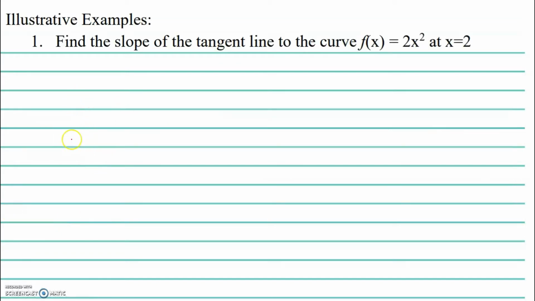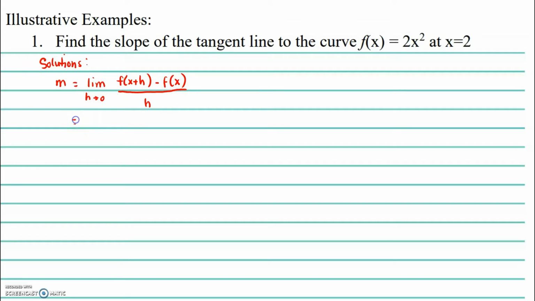So let's have example 1. Find the slope of the tangent line to the curve f of x equals 2x squared at x equals 2. So we said a while ago that the slope of the tangent line is equal to the limit of f of x plus h minus f of x all over h as h approaches 0.